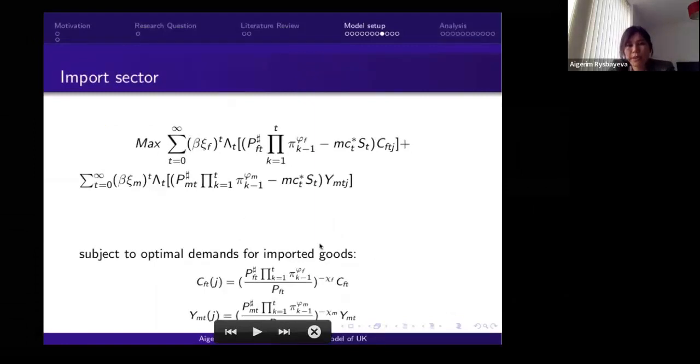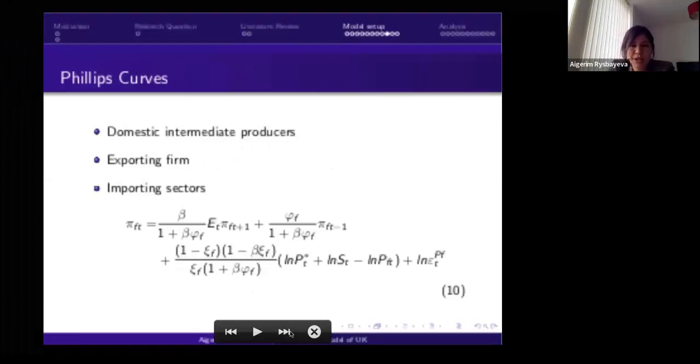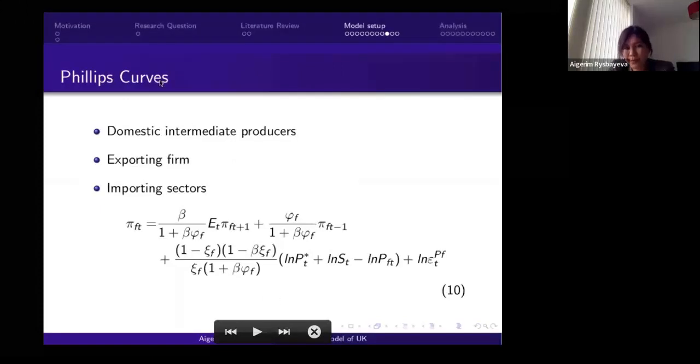Then we go through the importing firms, and they maximize their profit minus their costs, subject to the production functions. From these problems, the main equation here is the Phillips curves.